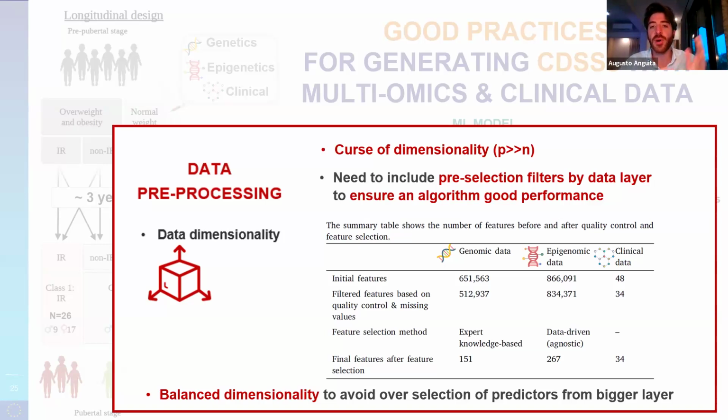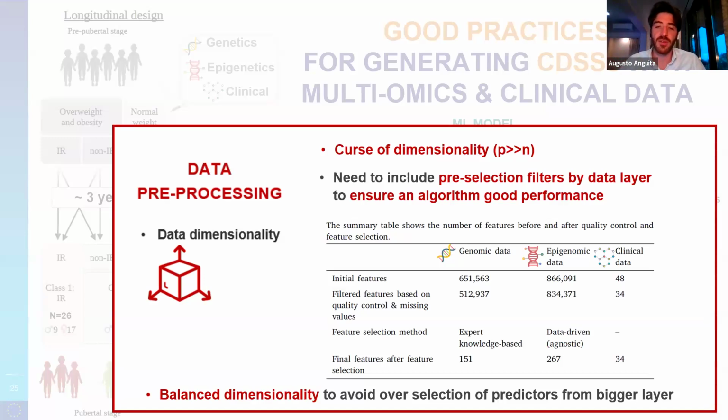We need more or less the same number of features across data layers. Otherwise, models will be biased toward the dominant or bigger layer at the time of selecting predictors, or the smaller layer can even get lost. In our case, we implemented different strategies for this filtering.